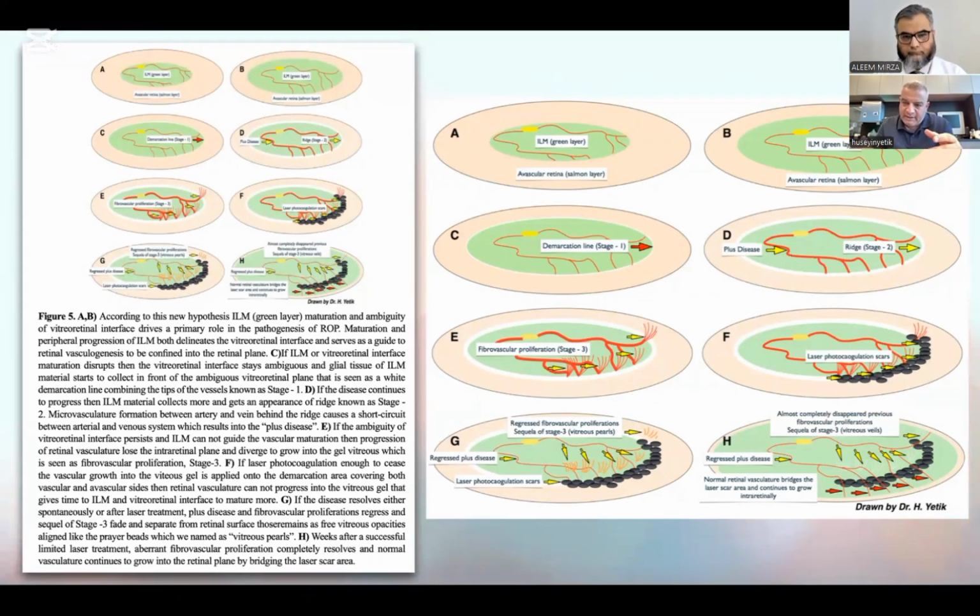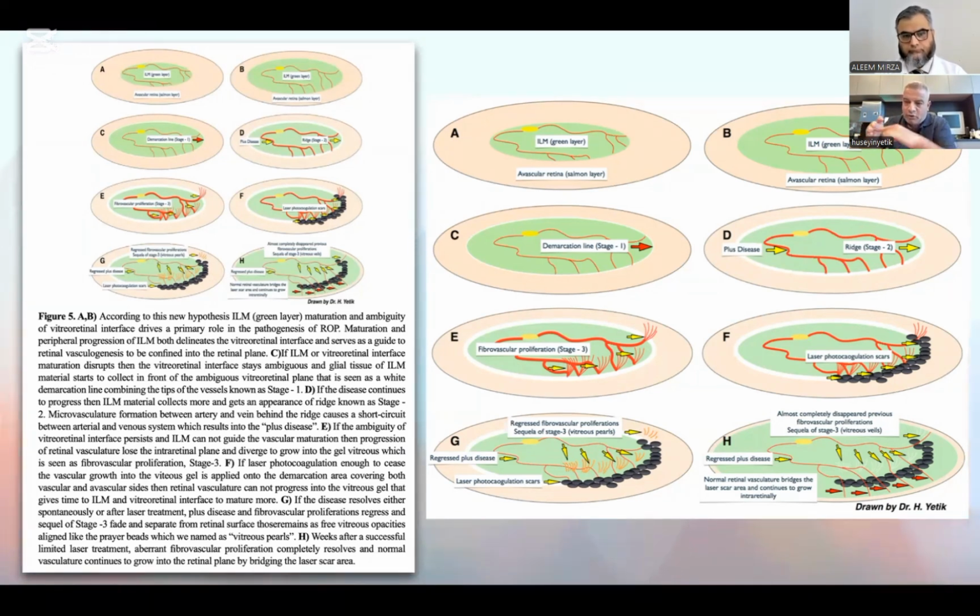And a mature ILM gives a very shiny retina. The immature avascular retina in ROP has a very matte appearance. So if the vitreoretinal interface is ambiguous, then the vessel waits, and the ILM starts to collect at the vitreoretinal interface, and this is stage 1. When it collects more, it's stage 2.